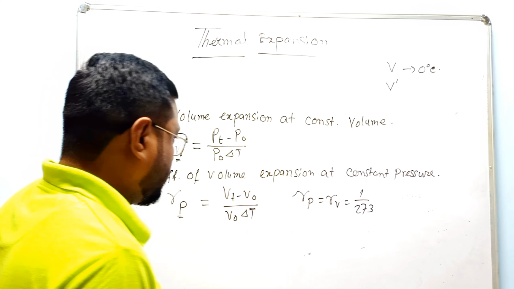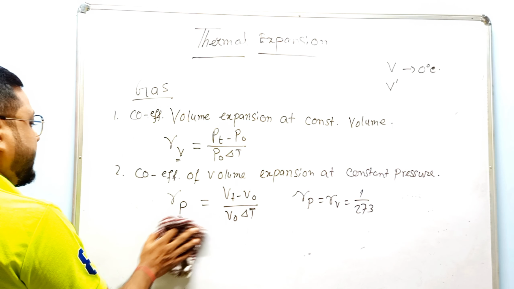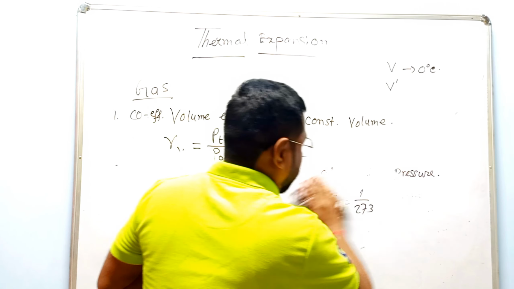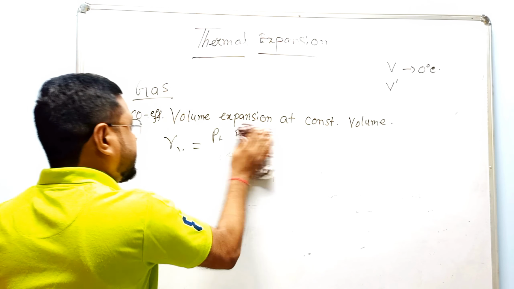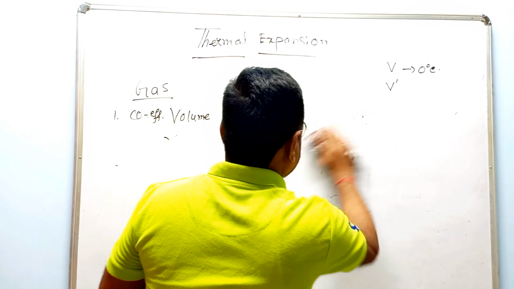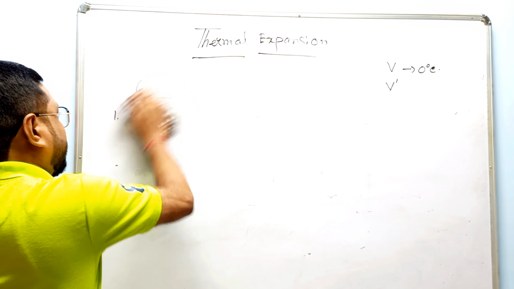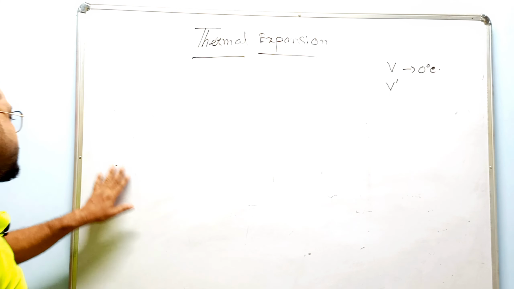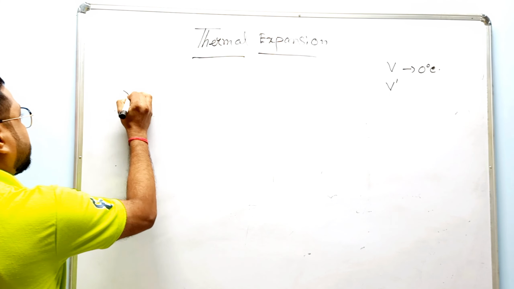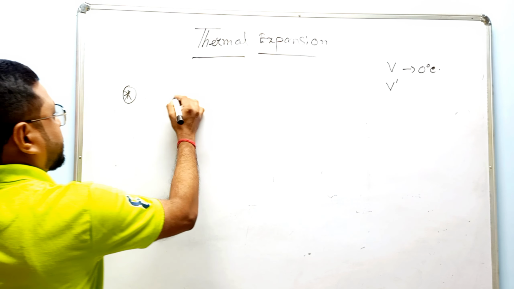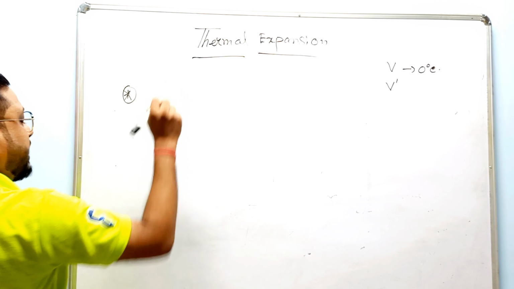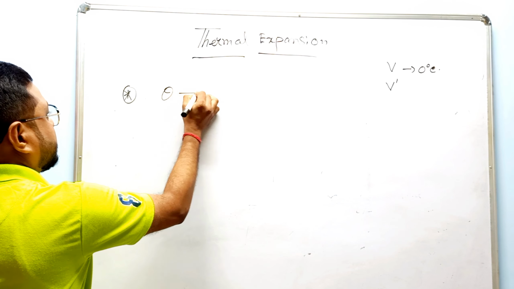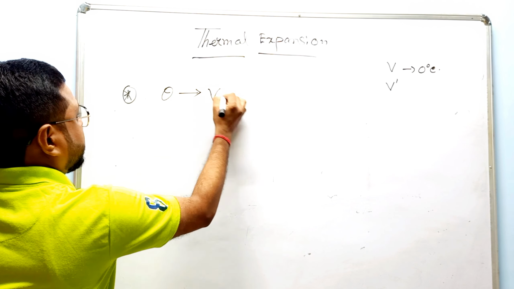Now we go with some applications of thermal expansion. But before going to the applications, we can denote the relation between the density and the temperature. Suppose at any temperature theta, the volume is V and the density is rho.